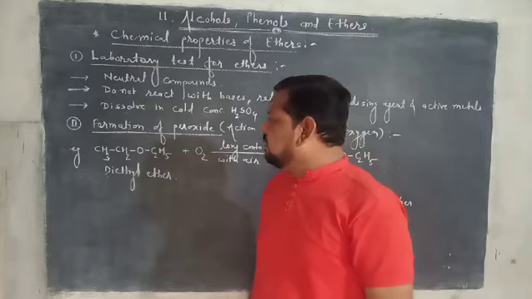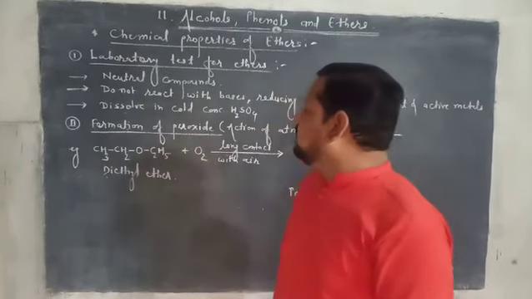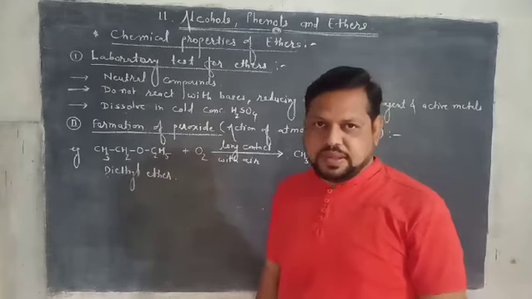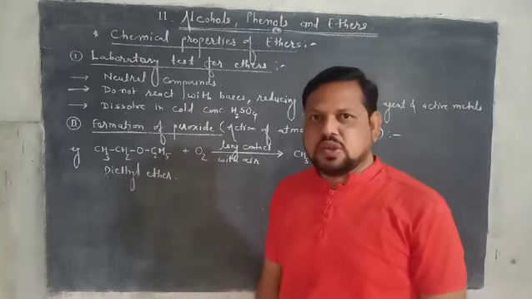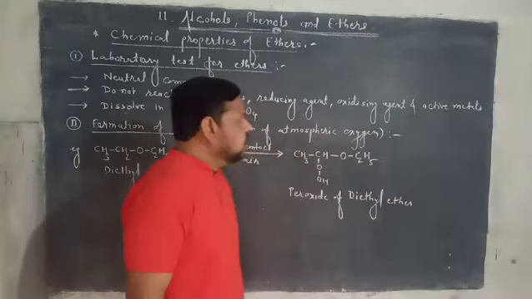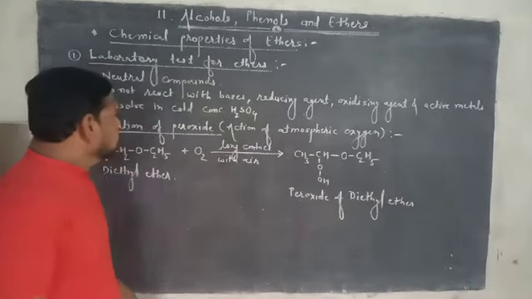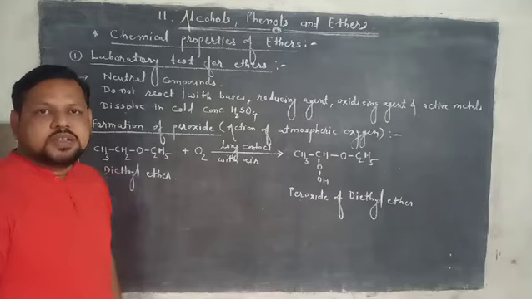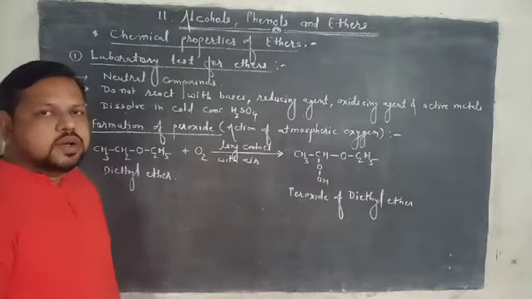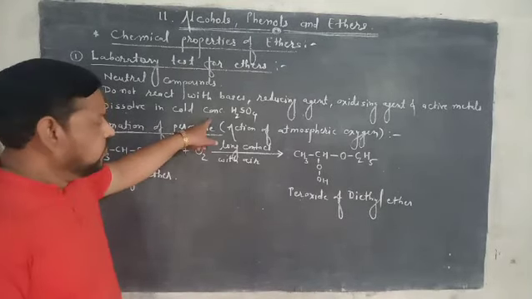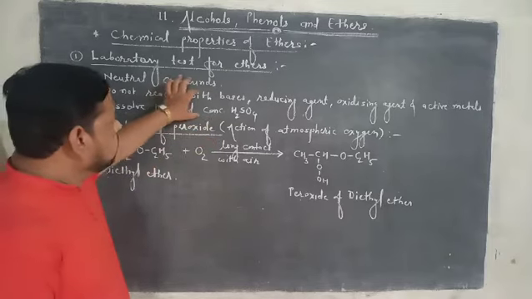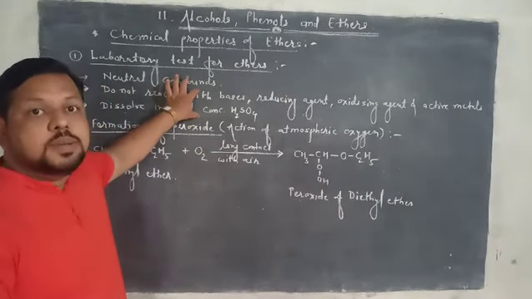Ethers do not react with bases, reducing agents, oxidizing agents, and active metals also. And ethers dissolve in cold concentrated sulfuric acid. On this topic, questions are asked in MCQs.